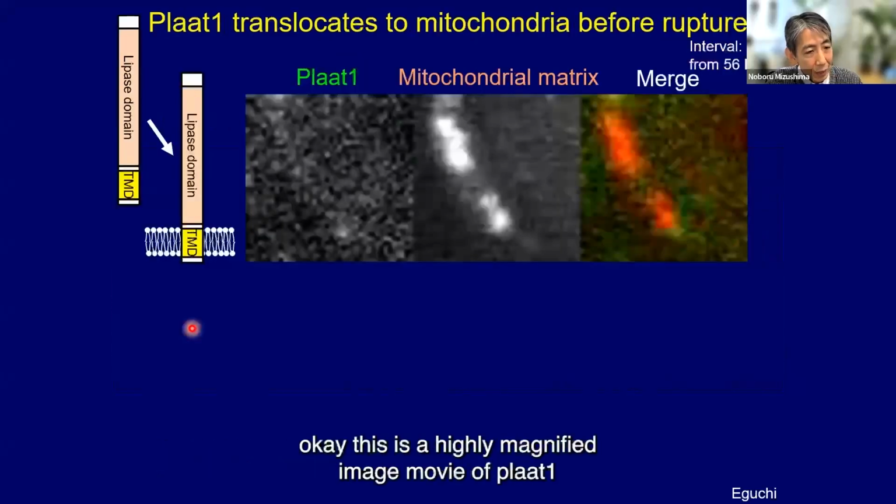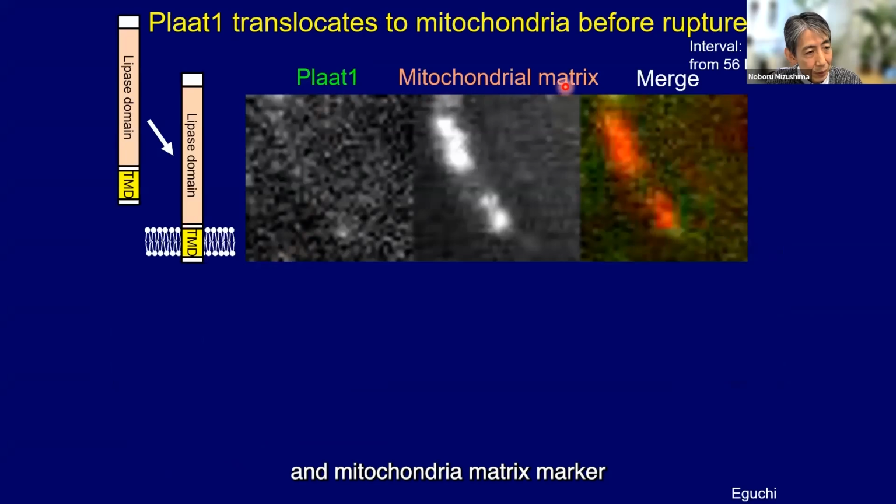This is a highly magnified movie of PLAT1 and a mitochondrial matrix marker in the central region of the lens. At first, PLAT1 was not detected on these mitochondria.